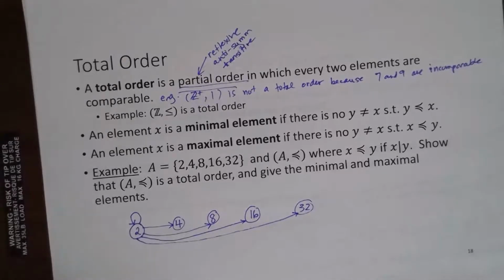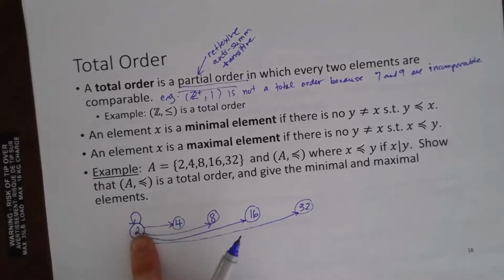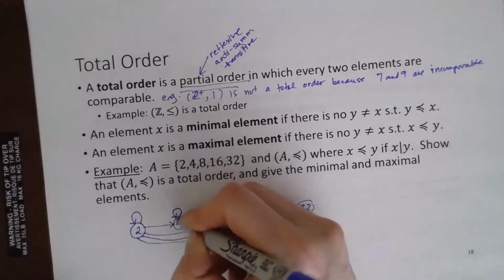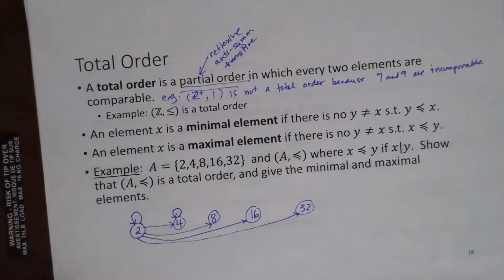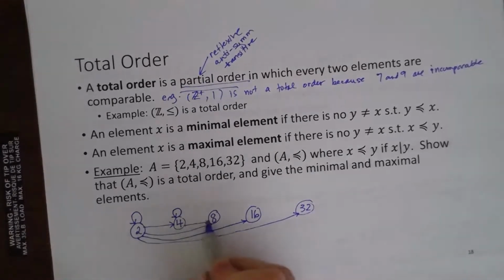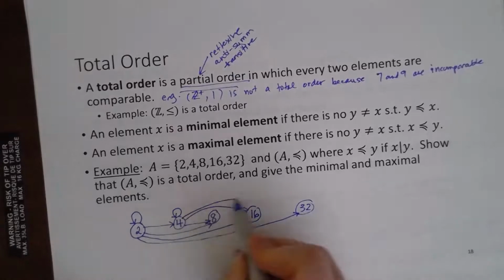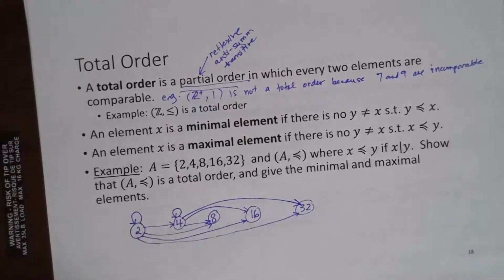Okay, so we're done with 2. How about 4? Does 4 divide 2? No. So we're not going to have an arrow going that way. Does 4 divide itself? Yes, so I'll put a self loop on it. Does 4 divide 8? Yes, I'll put that one in there. Does 4 divide 16? Yes, I'll put that one on there. 4 divides 32 as well, so that's going to go on there.